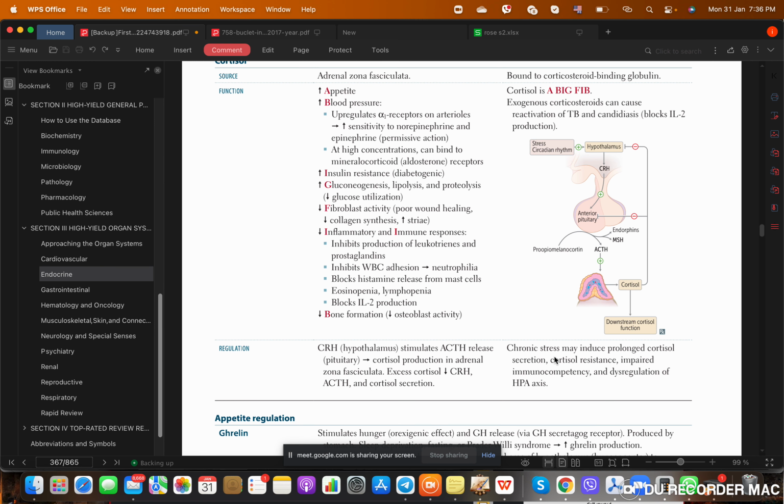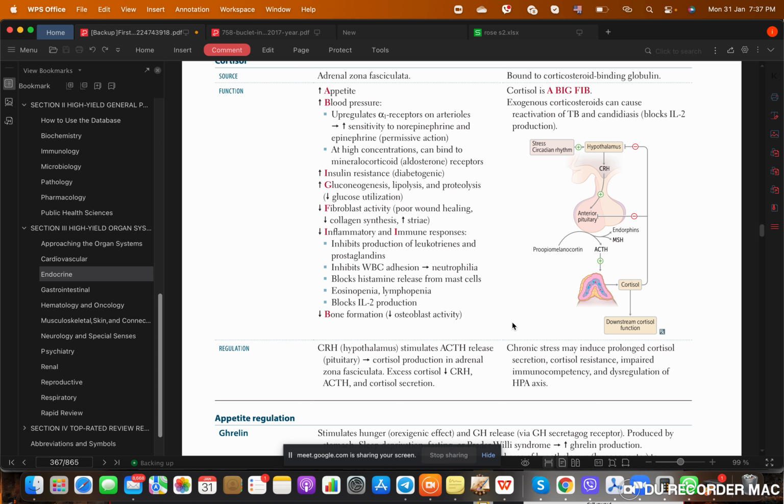So this is why patients on cortisol are at high risk of what? A lot of things, but tell me one of them. Fractures, yes. What else? Moon face, yeah. Also, they can have obesity because of the hyperglycemia, diabetes.